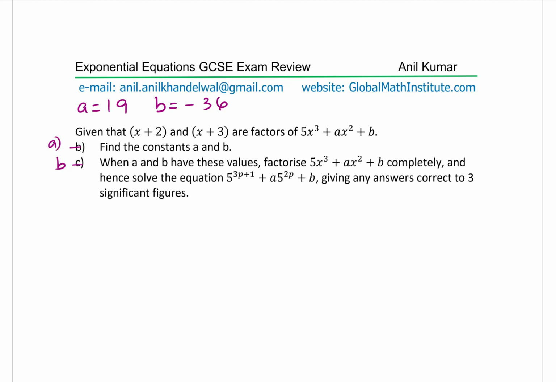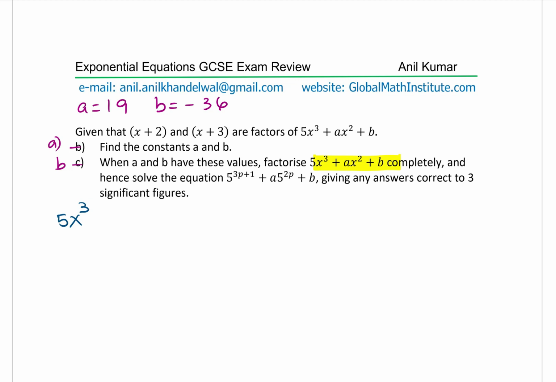Okay. When a and b have these values, factorize 5x cubed plus ax squared plus b completely and hence solve this equation. So we need to factorize the cubic equation. Okay. So let's try to factorize the cubic equation. So which is now 5x cubed.